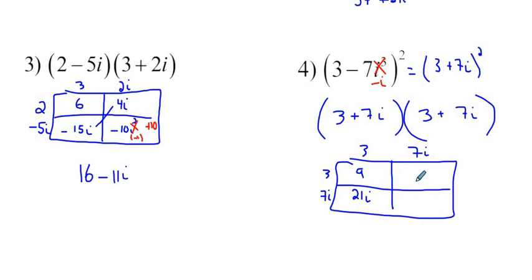And same thing here. Then here we get 49i squared, but of course the i squared is really negative 1. So this box is actually negative 49. That's why I love the box method. It just gives you room to work. 9 minus 49 is negative 40. And then plus 42i.